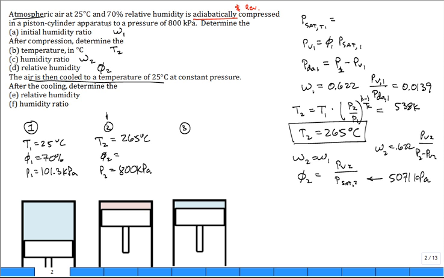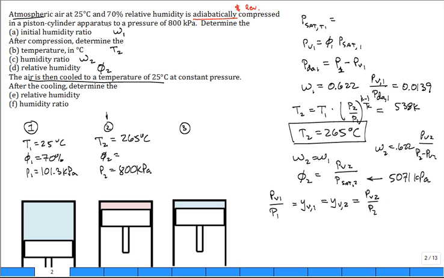Another way to do it is you just look at the mole fraction of the vapor initially at 1. Is the mole fraction of the vapor initially at 1 the same as the mole fraction of the vapor in the mixture at 2? And isn't the mole fraction the ratio of the partial pressure divided by the total pressure?